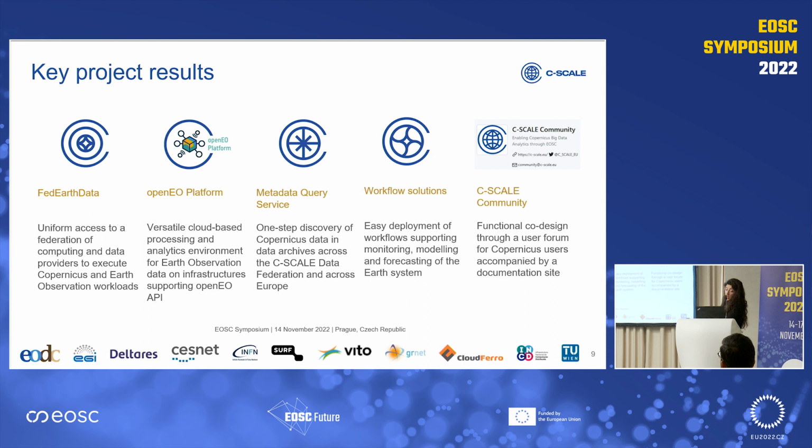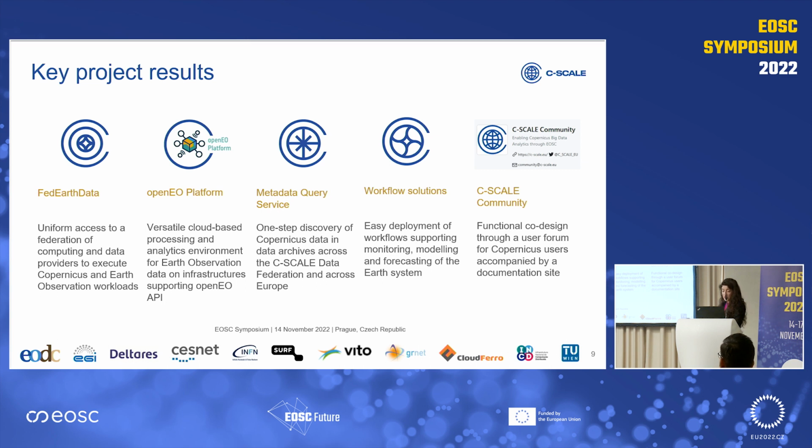And these are our key exploitable results, and I have them listed like this because the presentations that are coming up will follow this order. The first one is the FedEarth data, our main federation service, the Compute and Data Federation service. The second one is the OpenEO platform, which is actually a project that is running in parallel, funded by ESA, but we have enabled the access to it through C-SCALE.